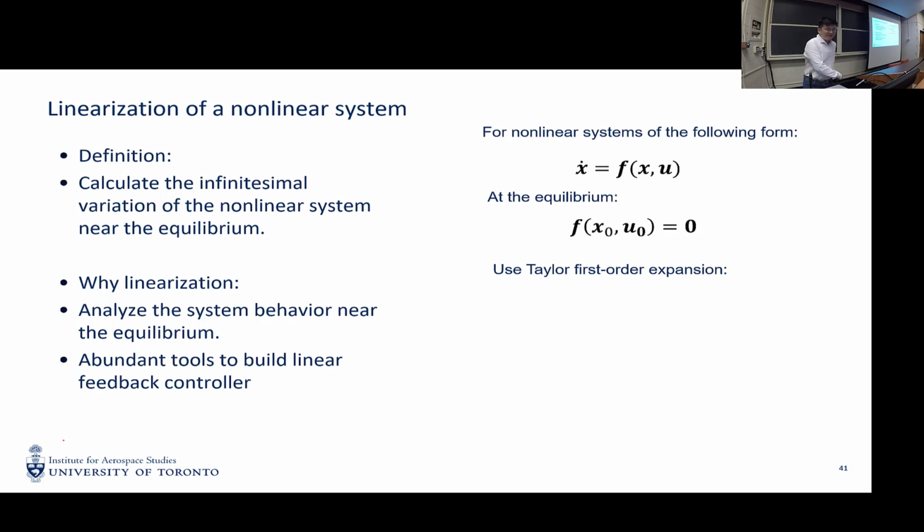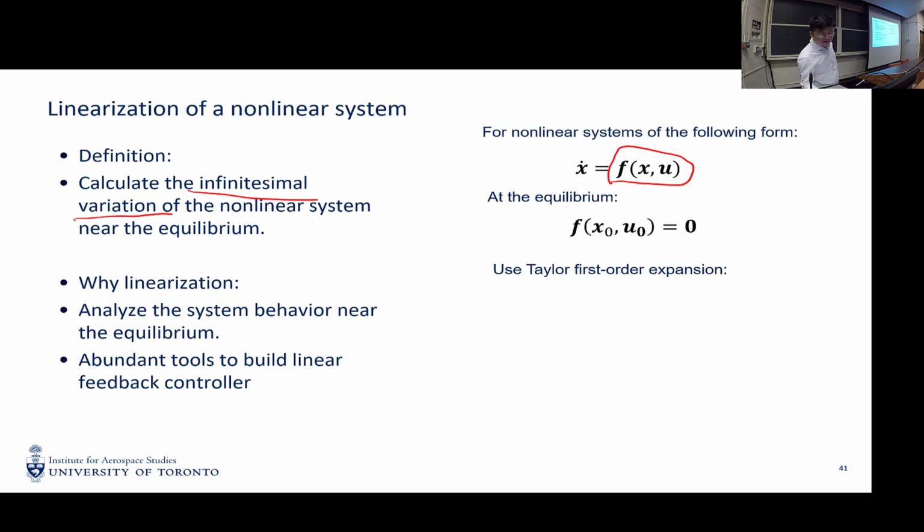So the concept of linearization is that the original system, as we can see from our previous modeling, is a nonlinear system. So designing a control law directly for a nonlinear system is difficult. So instead we resort to a simplified case by analyzing something called infinitesimal variation.